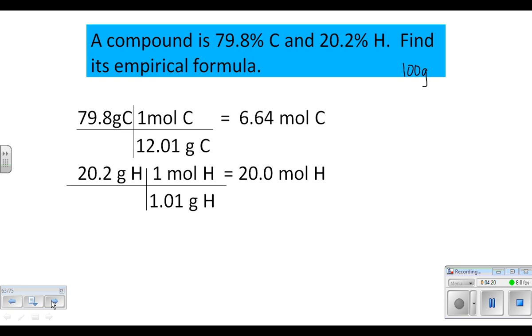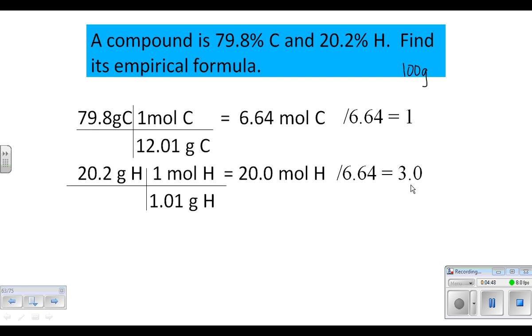Now the poem says percent to mass, mass to moles, divide by small. So the small number would be our 6.64 moles. So we're going to divide both of those by 6.64. We're going to take the 6.64 and divide it by itself, which would give us 1. And then we're going to take the 20 and divide it by 6.64, which gives you like 3.01, yada, yada, yada.